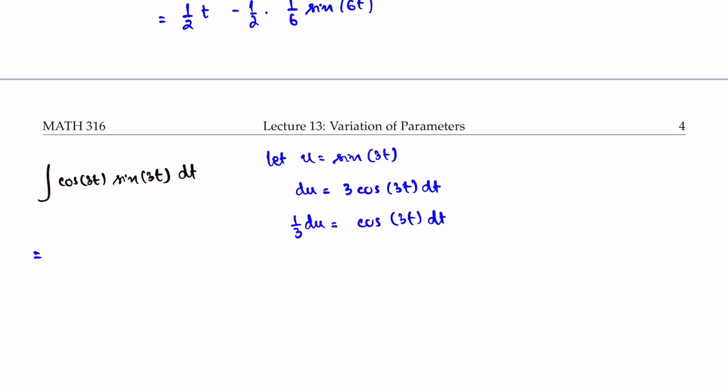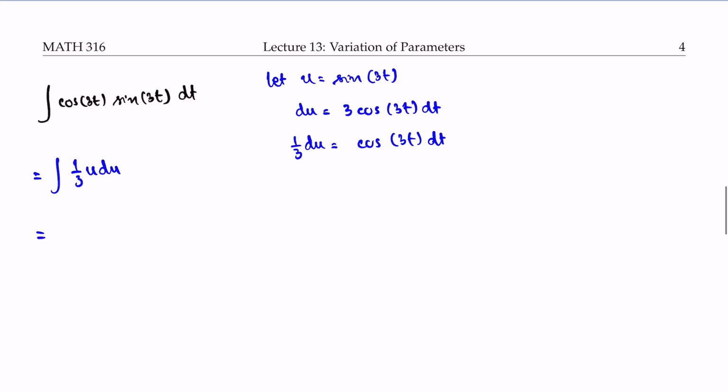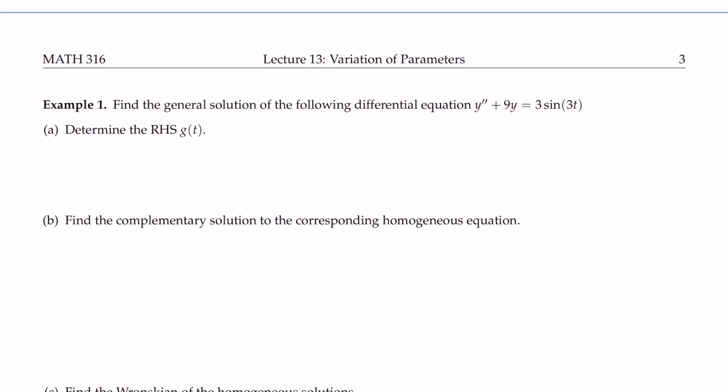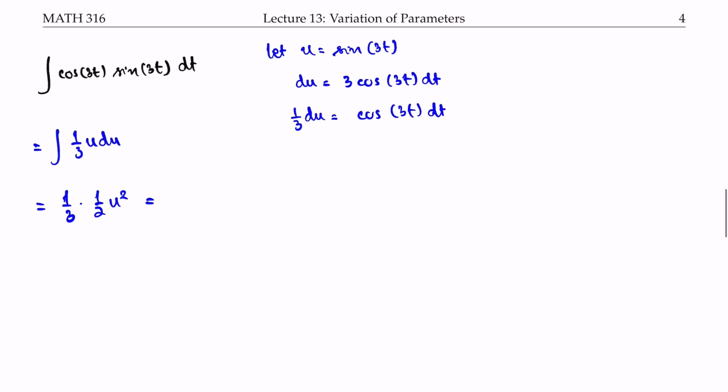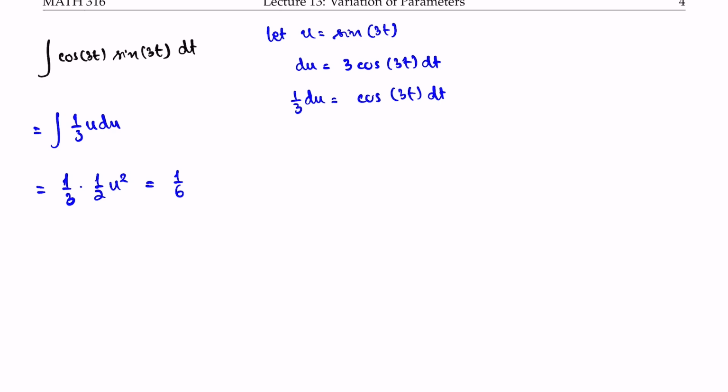The integral becomes 1/3 u du. The antiderivative gives you 1/3 times 1/2 u squared. Again, for the integrals inside the particular solution of variation of parameters, you don't need the plus c. Now you replace u by the original variable, sine of 3t, so you have 1/6 times sine squared of 3t. So you have everything that you need.